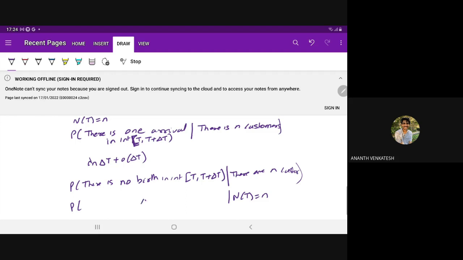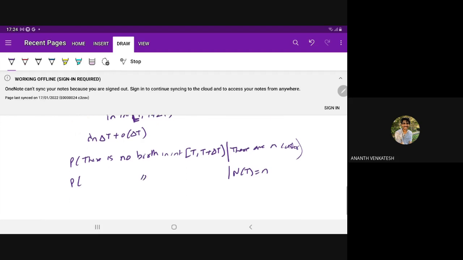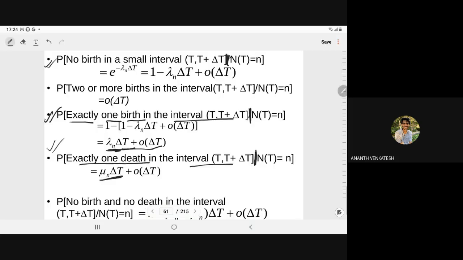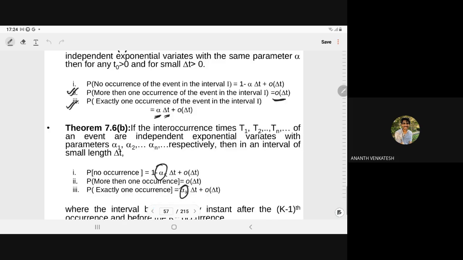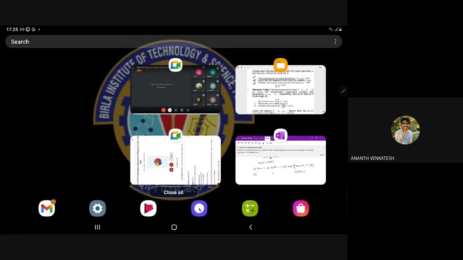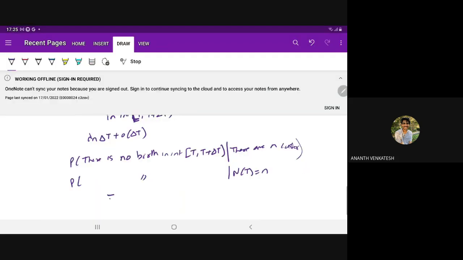We know that from this theorem, no occurrence of the event in the interval is equal to 1 minus alpha delta t. So it is equal to 1 minus lambda n delta t plus higher order of the delta t.